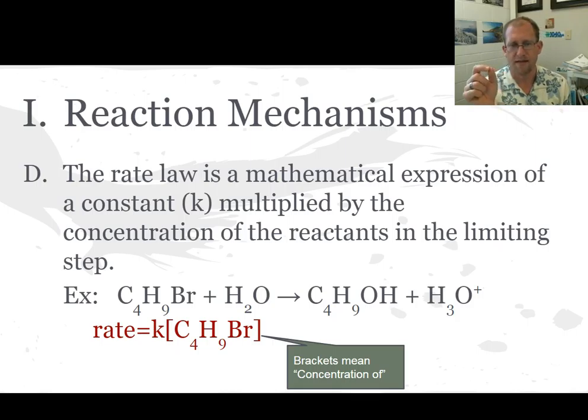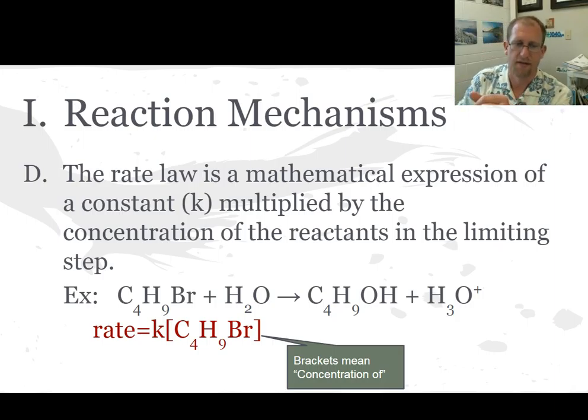Concentration of the reactants in the limiting step. And so for the reaction, C4H9Br plus water gives you C4H9OH plus H3O+. This is a problem of the ionization of water, and this C4H9Br is grabbing a hydroxyl group, leaving the water to ionize itself with the leftover hydrogen, right?